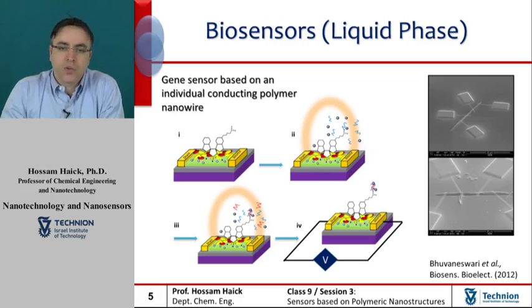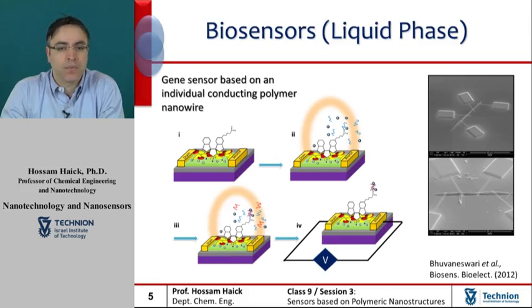The left figure shows a schematic representation of the two-terminal copolymer nanowire sensor. In panel A of this figure, you can see a single copolymer nanowire that is grown between gold electrodes. In panel number 2, you can see covalent attachment of the probe short DNA on the surface of the carboxyl-modified copolymer nanowire.